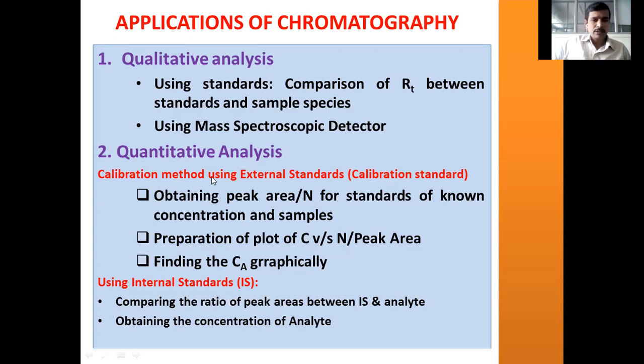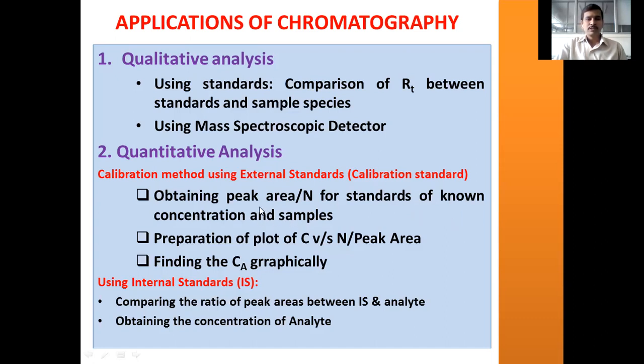Chromatographic techniques are also very popular for quantitative analysis, and they are highly sensitive when compared to any classical or instrumental techniques. Most commonly in quantitative analysis, calibration methods using external standards will be used, where we run the chromatogram and obtain the peak area or number of theoretical plates for standards of known concentrations.